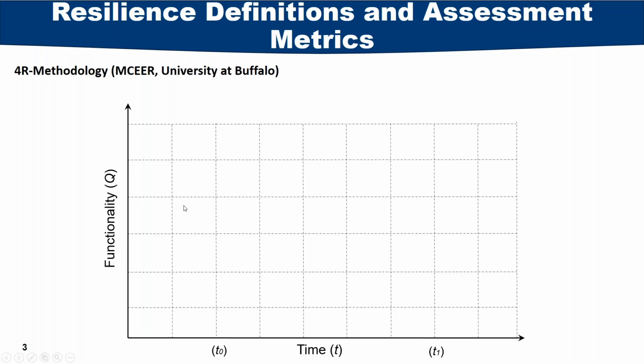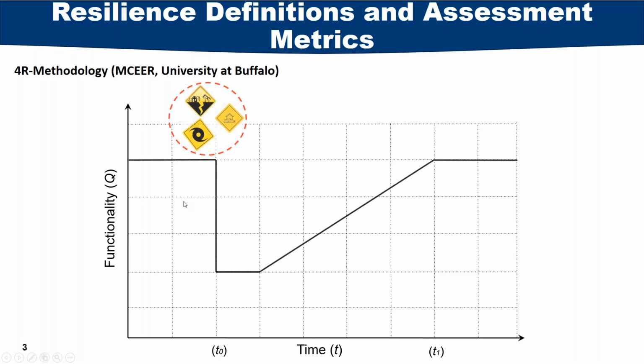The vertical axis is functionality. This can be for any system, but if we focus on a bridge, for example, we can have normal functionality and an event. The event can be a hurricane, a seismic event, etc., or flooding.